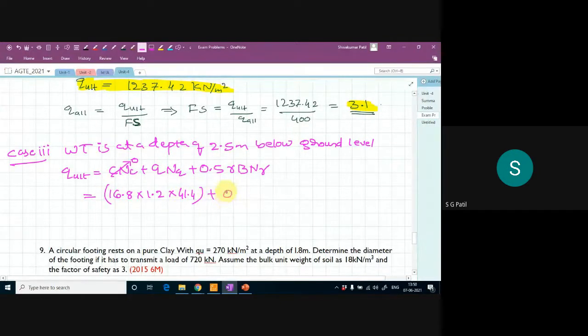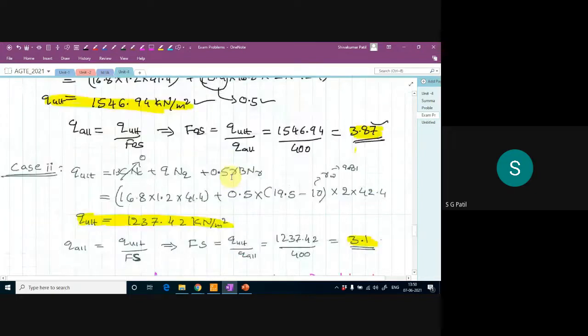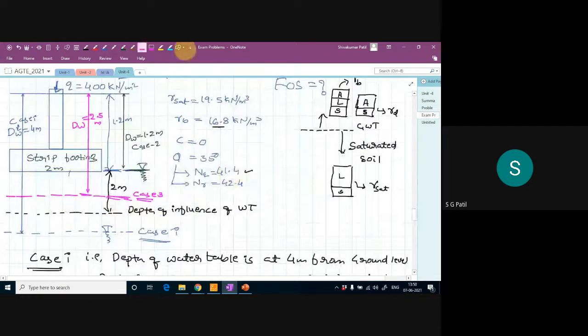Plus 0.5 into gamma. Now this gamma is a tricky one, because in this third term, part of that soil is dry soil, and part of that soil is under a saturated condition. Now I will mark here.